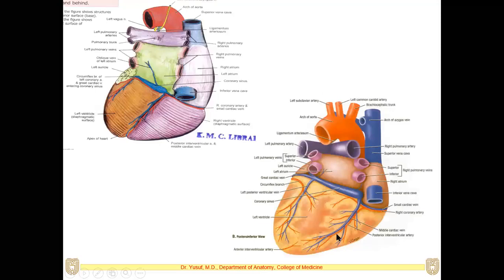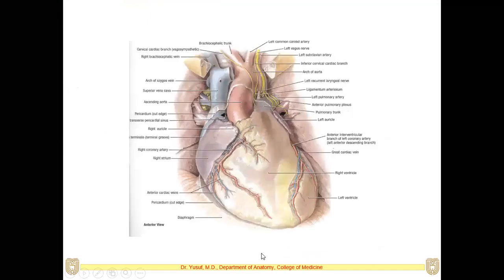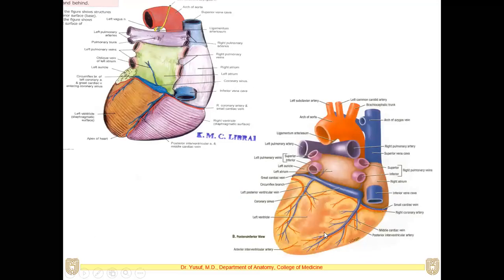Now this posterior interventricular branch anastomoses with the anterior interventricular branch, as we have seen. This is the anterior interventricular branch going down in the notch and anastomosing with the posterior interventricular branch.